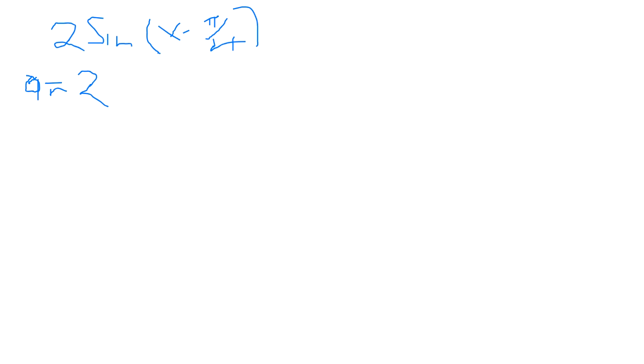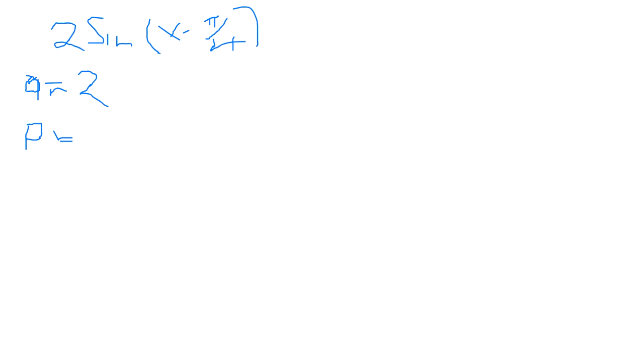Then the next thing, you find the period, P. The period for a sine and a cos graph is 360.